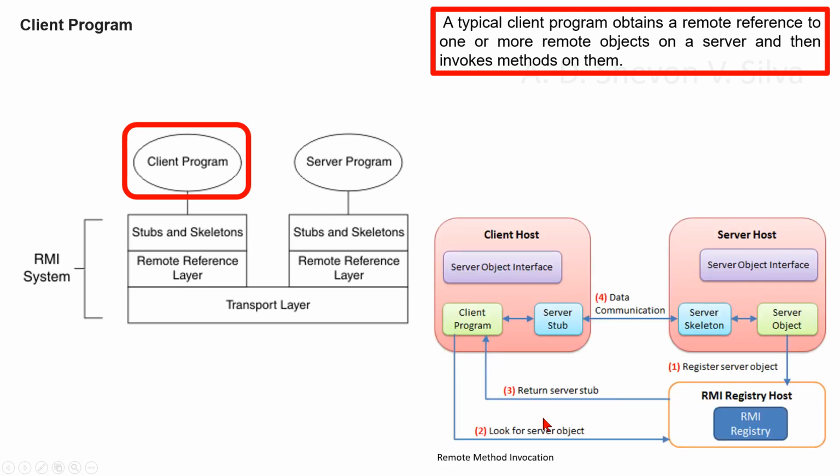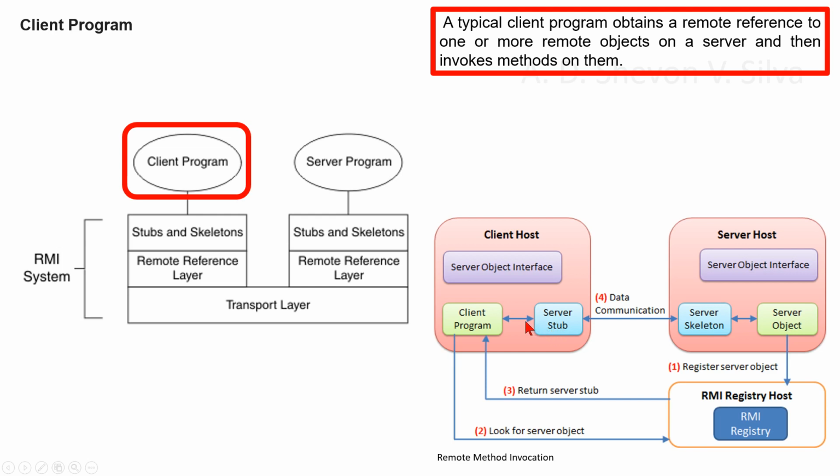Here you can see a remote method invocation. All the methods published on the server are registered on the RMI registry, like UDDI for web services. The client calls the local method stub to perform this operation.